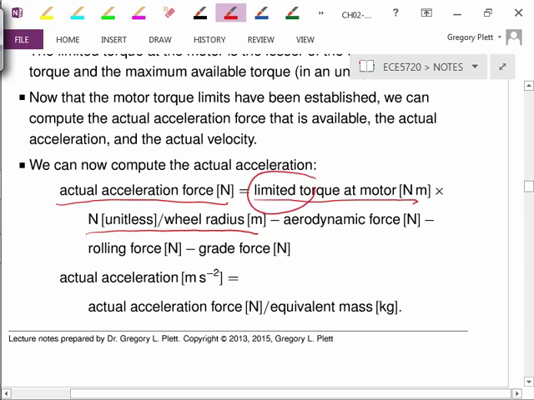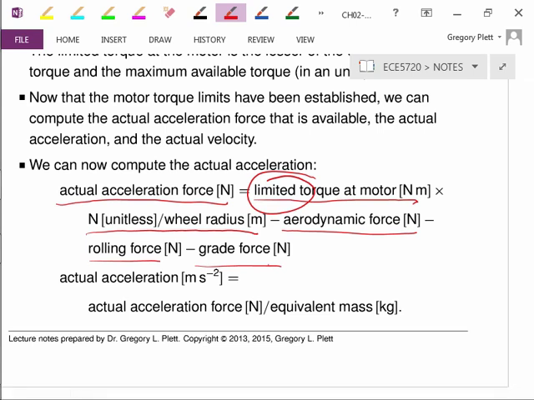We computed a desired value of this, but we've now limited it, and we've rearranged the equation to solve for the actual acceleration. But I have to subtract out the losses due to aerodynamics and rolling and grade. The actual acceleration is the actual acceleration force divided by the equivalent mass.